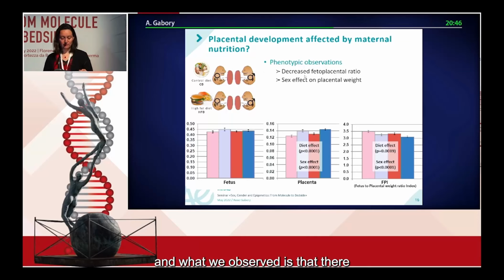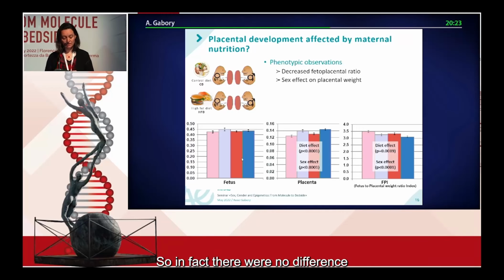And what we observed is that there is a decreased fetal-placental ratio here, where pink is the female fetuses and placenta, and blue is male, and the light color is for control diet and dark color for high-fat diet.